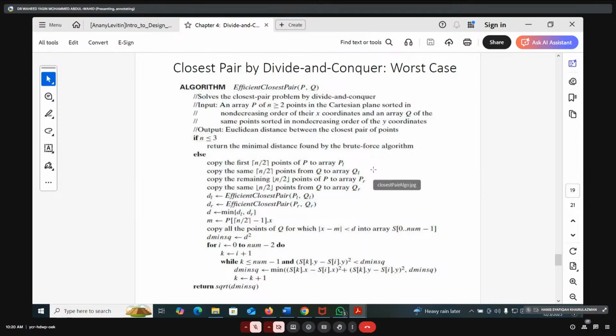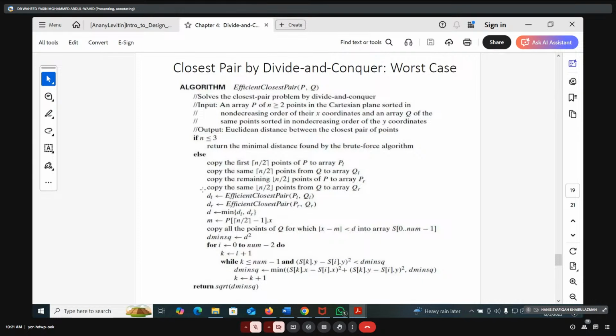We make it like a median. Okay, so copy the first n divided by 2 points of P to array P left, and copy the same n divided by 2 points from Q to Q left, and the remaining points from P to array P right, and here the points Q right. Then dL equals efficient closest pair of P left, Q left.